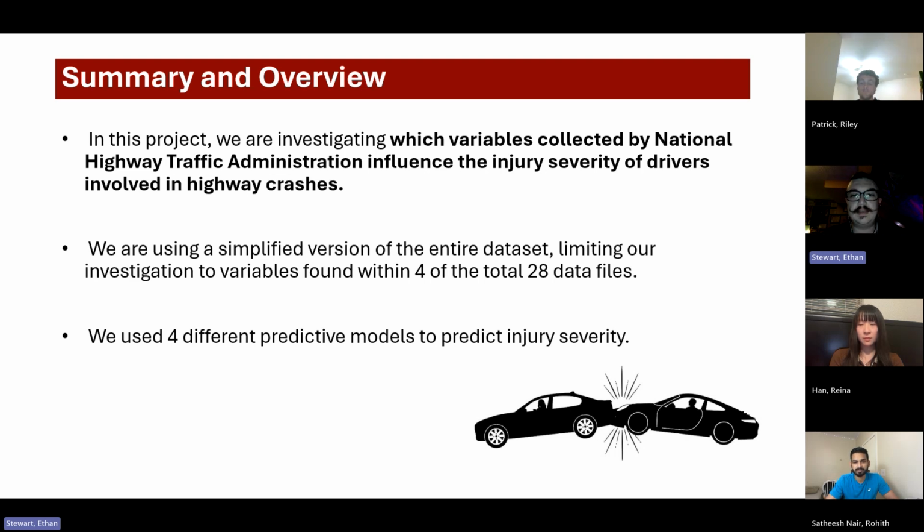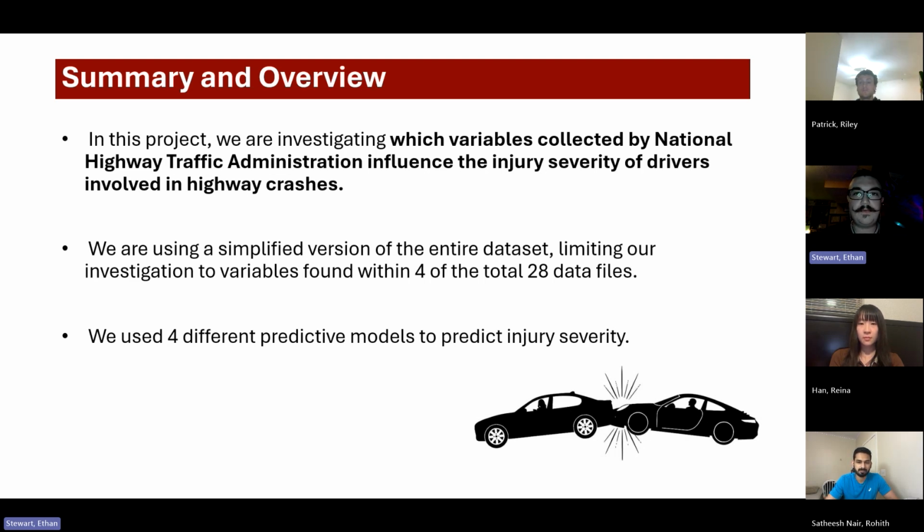The dataset consists of 28 total variable files, but we're only focusing on 4 of them, both for the sake of simplicity and also because the other variable files weren't as related to the crash as we would have liked them to be, so we focused on those 4.